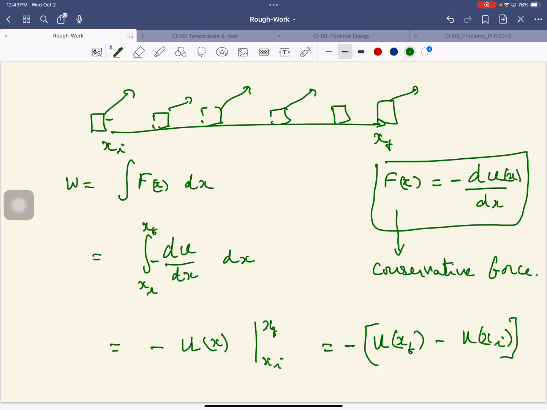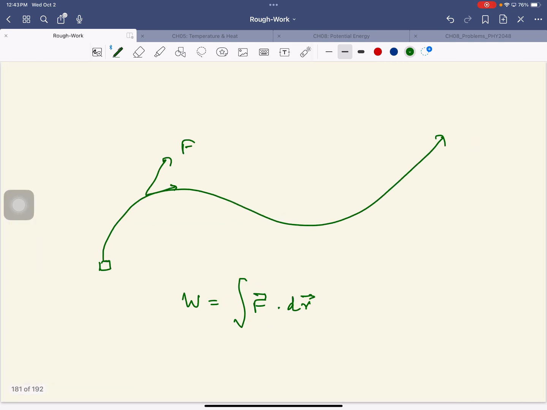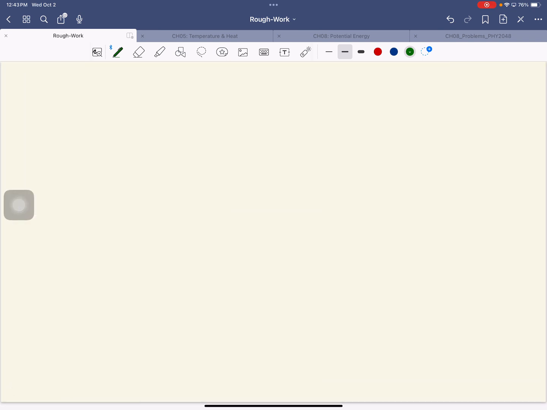So in this entire course, in Physics 1 and 2, you'll see only 3 conservative forces: the force of gravity, the spring force, and the electrostatic force, which you'll see in Physics 2.